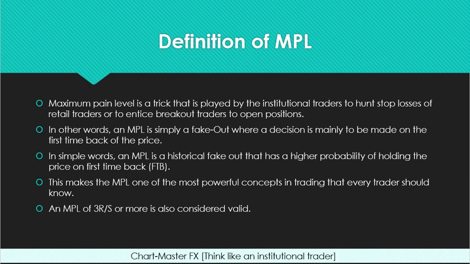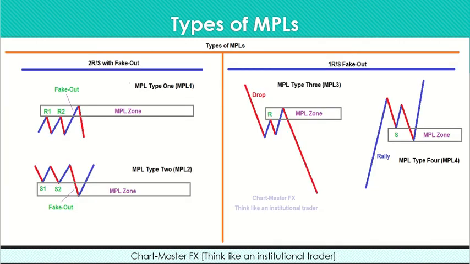Once you spot those MPLs of 3 RS, you also need to take them into consideration, since they are also valid like others. But for the sake of our learning in this module, I've decided only to use the 1 RS and the 2 RS. So let's go to the types of MPLs.